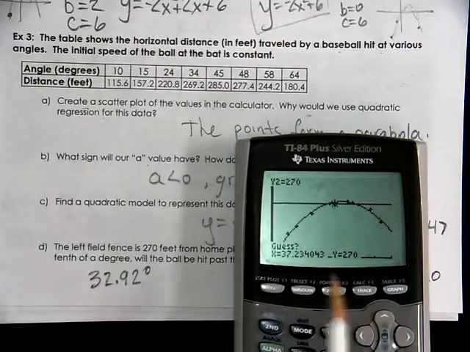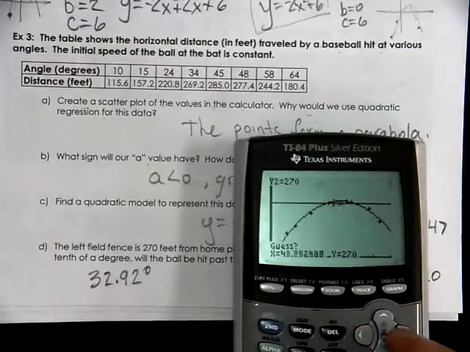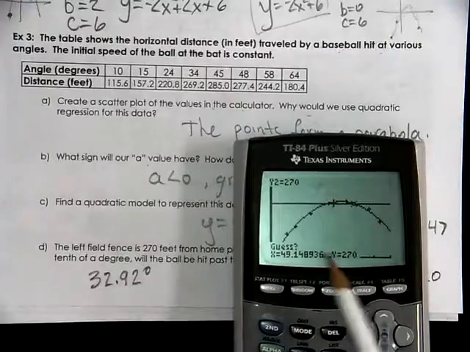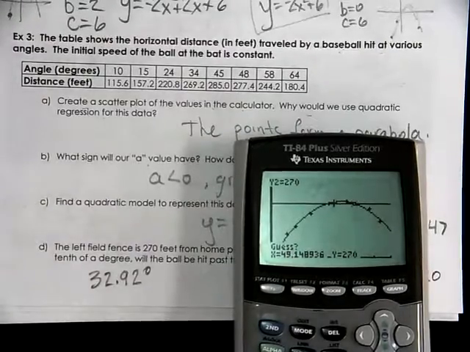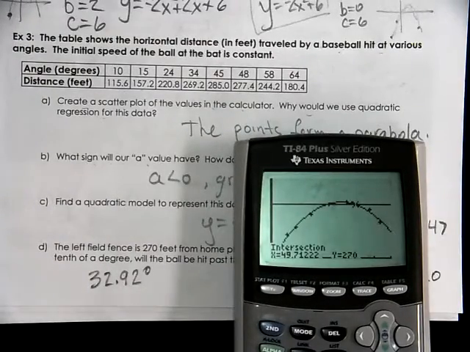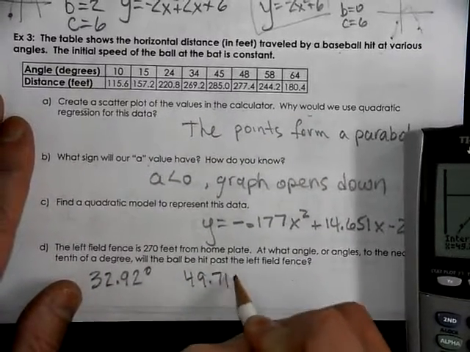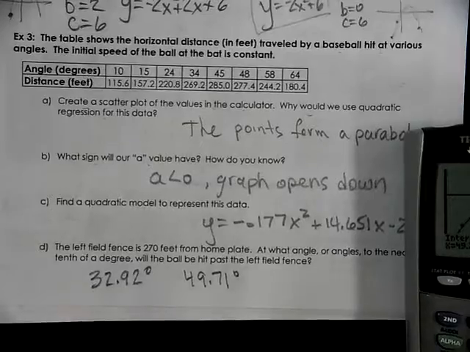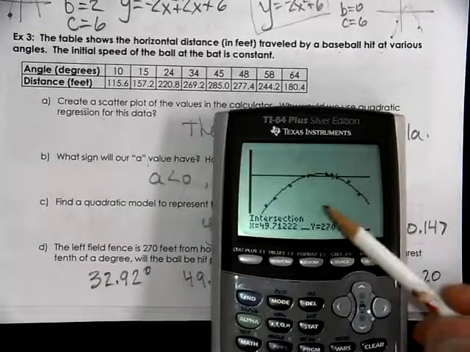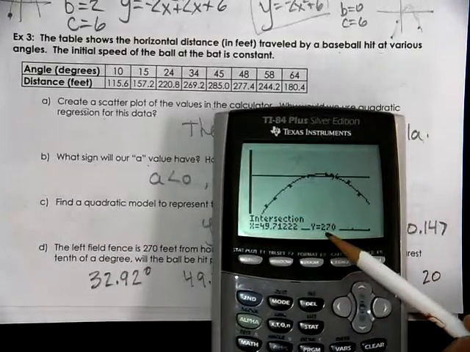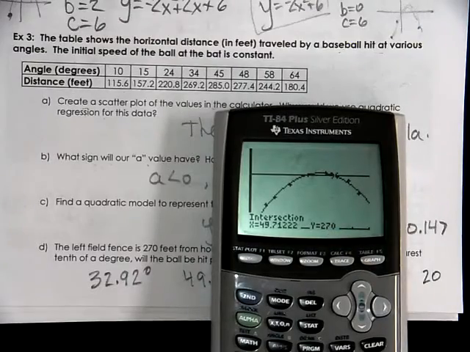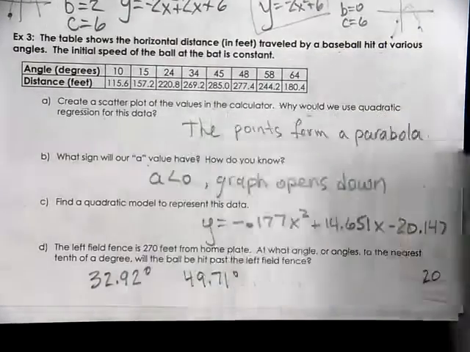Second curve, yes. And then you have to get closer to the other answer for you to get that result under guess. Guess matters with this operation. So 49.7. Those are the two angles that you would need to have so that the ball's going to reach that height. Good job.